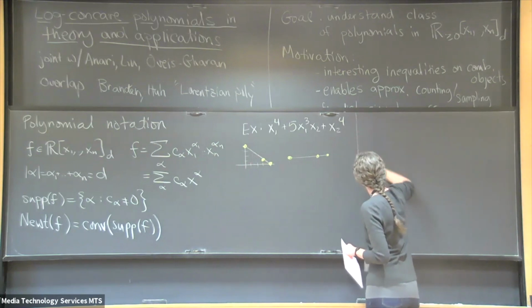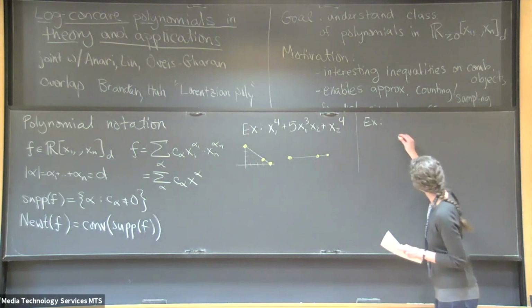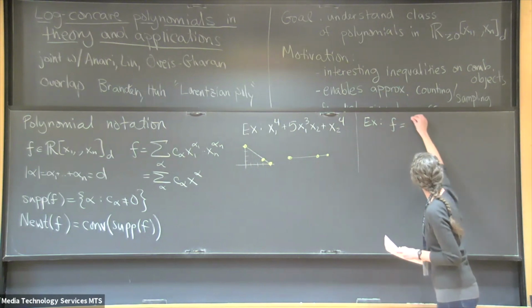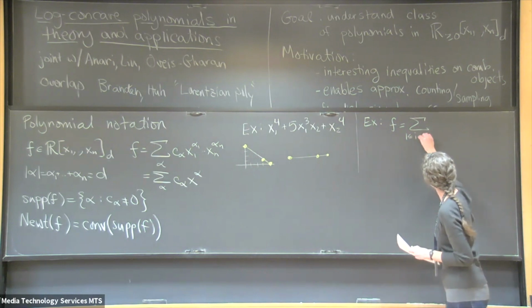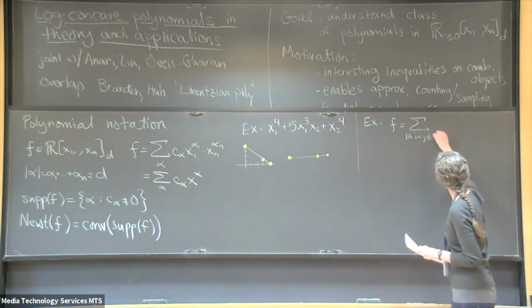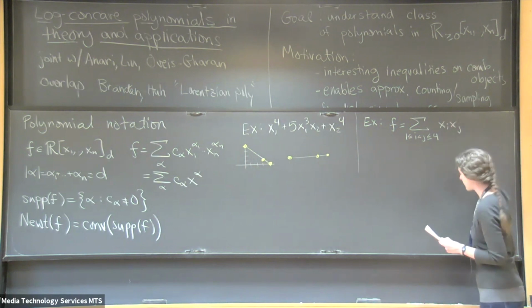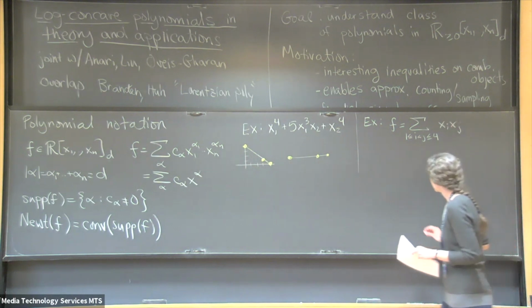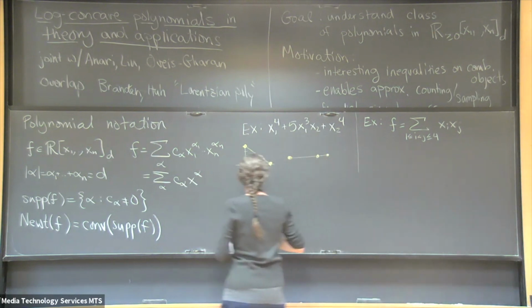Similarly, a slightly more interesting example: take the elementary symmetric polynomial of degree 2 in 4 variables. So that's the sum over all pairs i, j between 1 and 4 of the product of those variables. Then this is the Newton polytope.